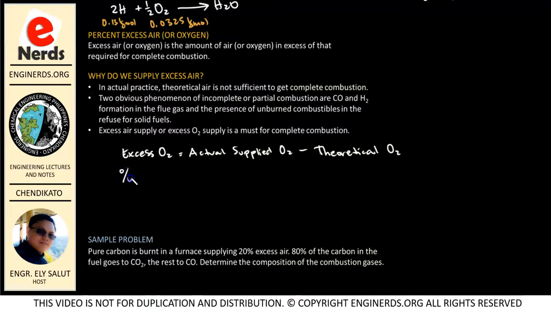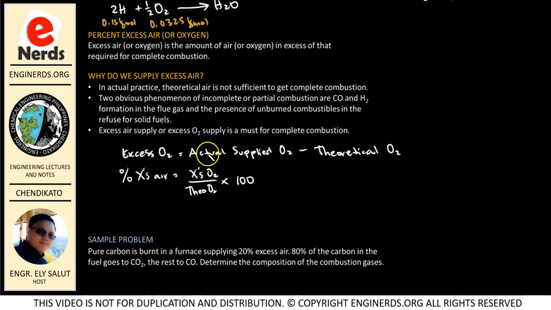So, para makuha natin yung percent excess air, ang formula natin na pinakita natin last time is excess O2 divided by theoretical O2 times 100. Diba?